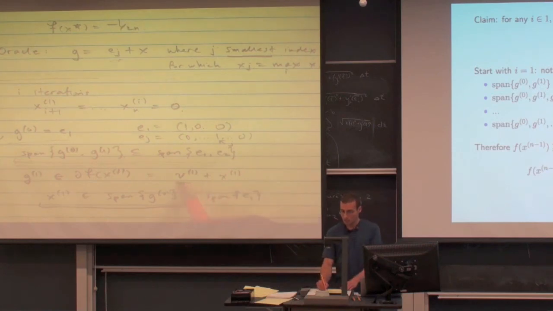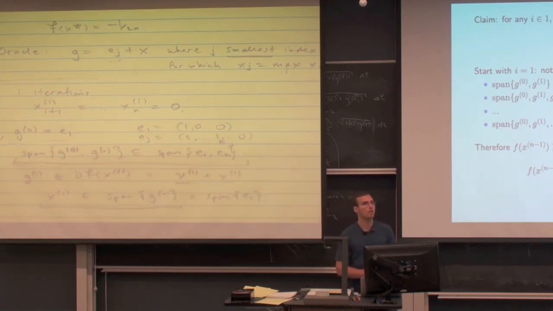So this can be in the span of E1 and E2. So the span of the first two subgradients has to be contained in the span of E1 and E2. If I make the first component of x1 negative, then it would be something with E2. Otherwise, it's just something with E1.